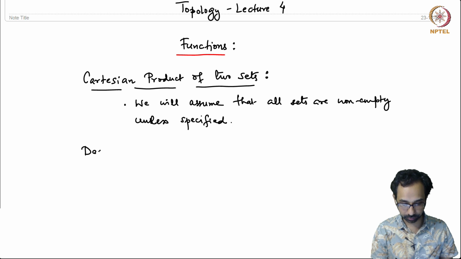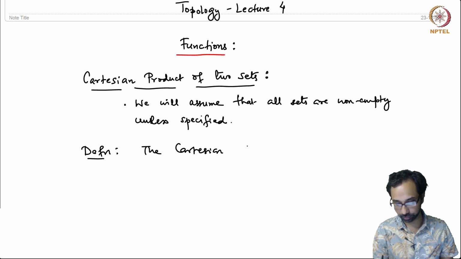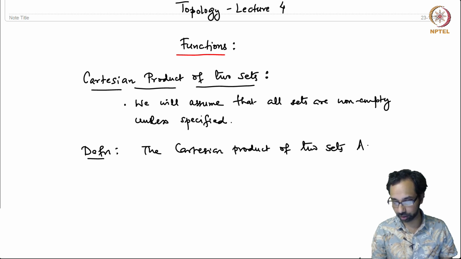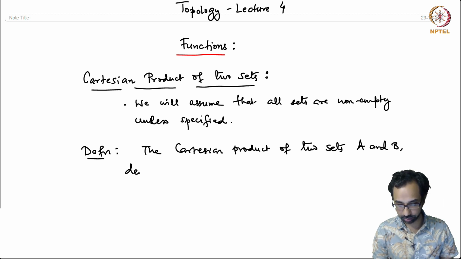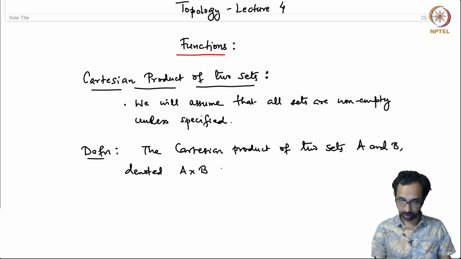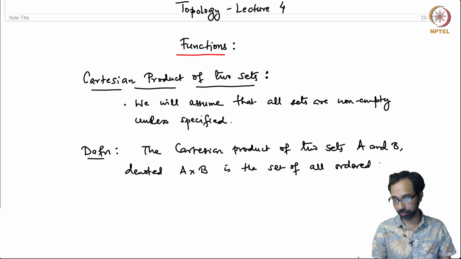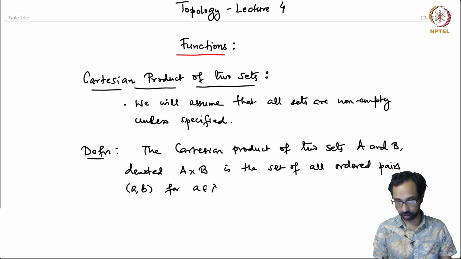So the definition of the Cartesian product: the Cartesian product of two sets A and B, which is denoted by A cross B, is the set of all ordered pairs (a, b) for a in A and b in B. So what do I mean by ordered pairs?